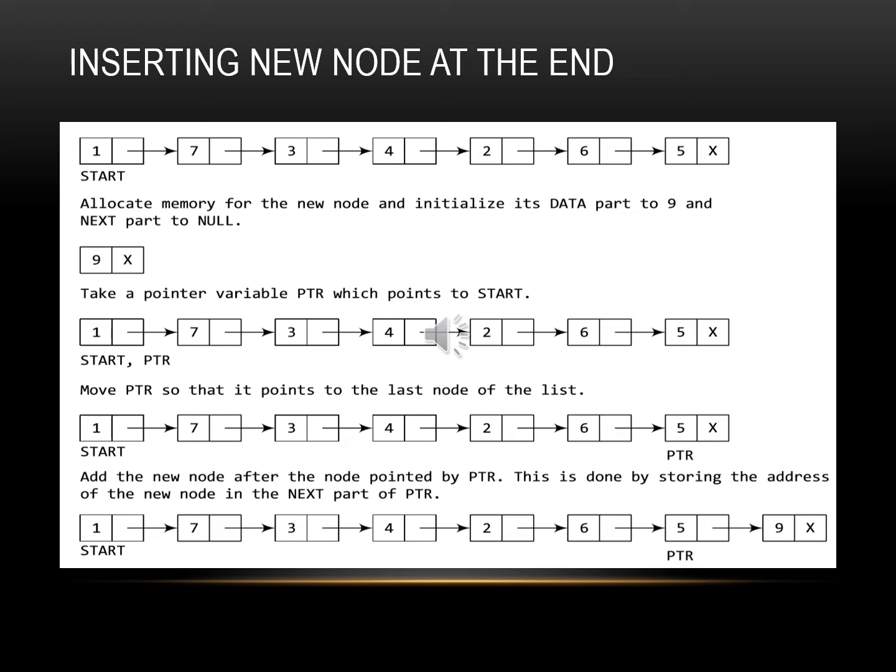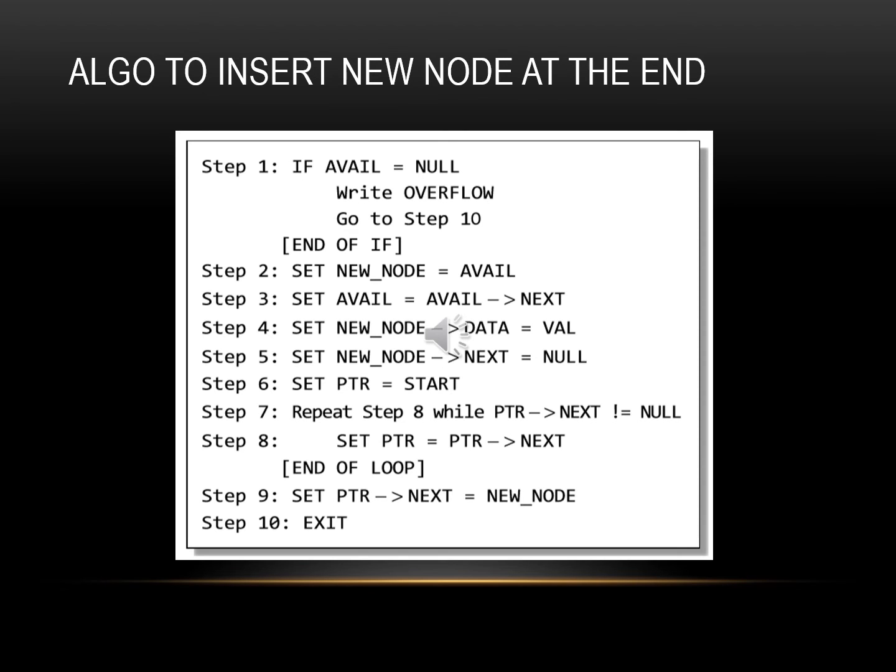Once it reaches the last node, there we will join this new node. So the initial last node's next part will contain the address of the new node, and the next part of the new node will now contain null, because it is the last node now. Let us see the algorithm for the same.